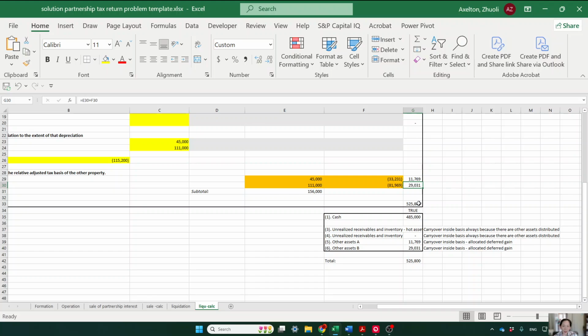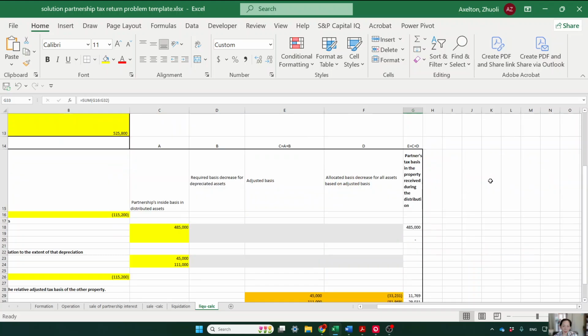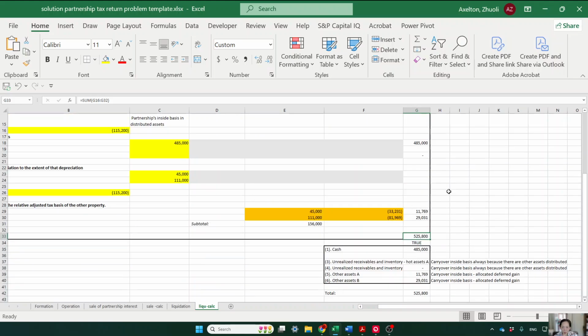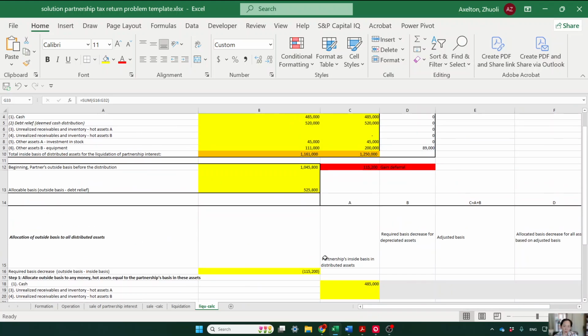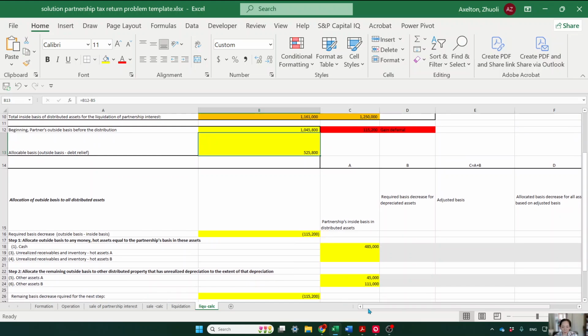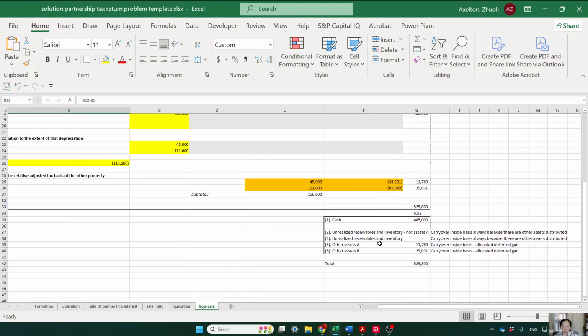So in essence, at the end of the day, the partner's tax basis in the property received during the distribution will be equal to the partner's allocable basis, basically the partner's initial outside basis minus the debt relief. So that is a three-step calculation.